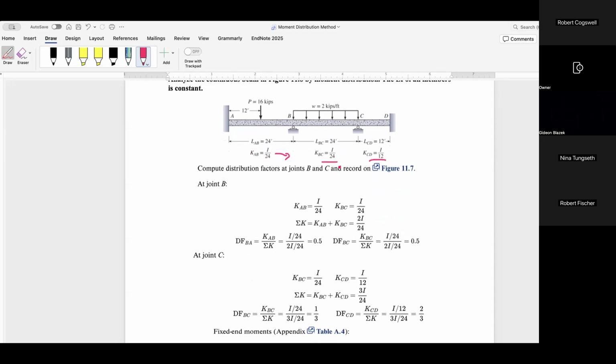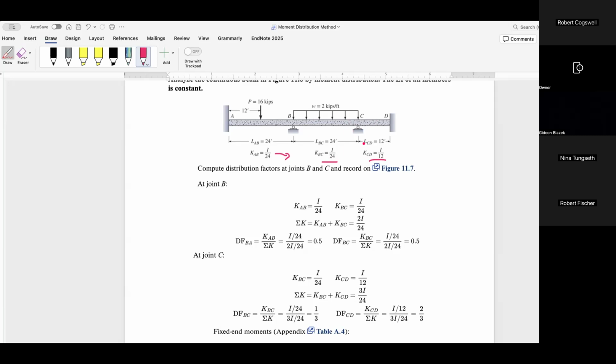Okay, and for the distribution factor, what will you do? Suppose you have joint B and joint C. For joint B, you need to use the AB and BC bars. For joint C, you need to use the BC and CD bars. Now we have a total of 3 bars, so you need to pay more attention. When it's 2 bars, meaning the beam has 2 parts, it's so easy.